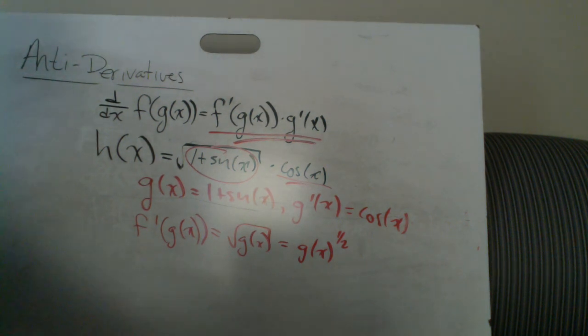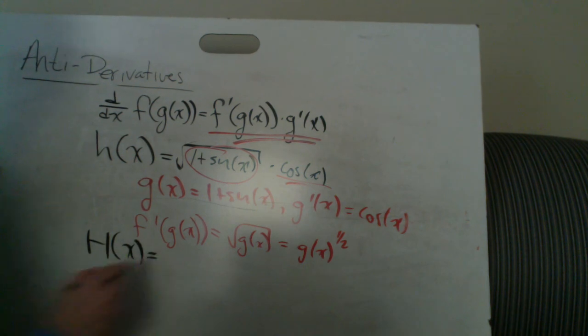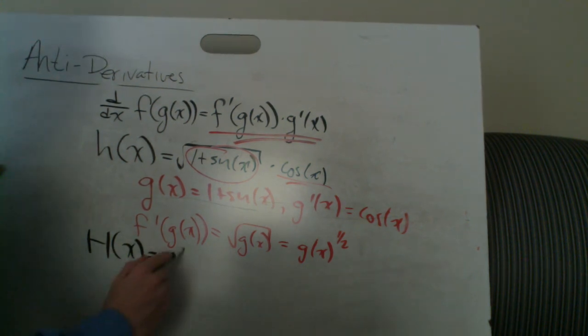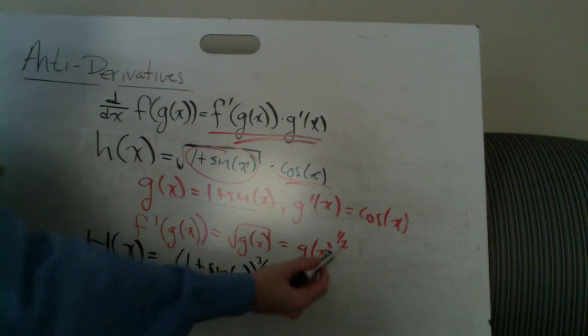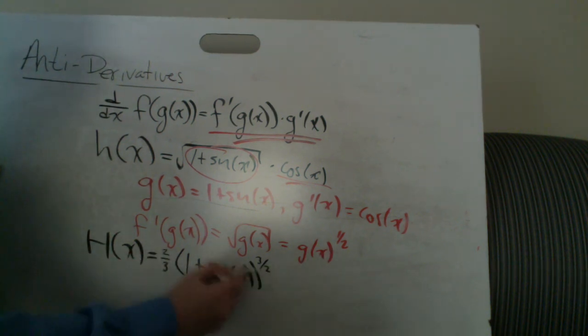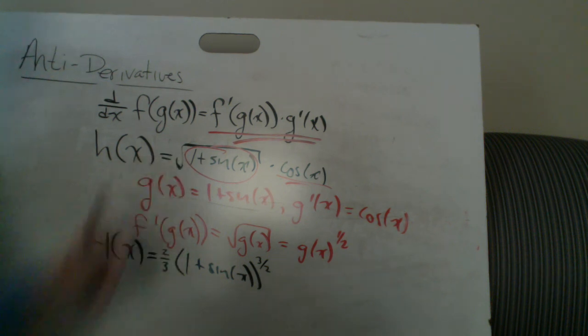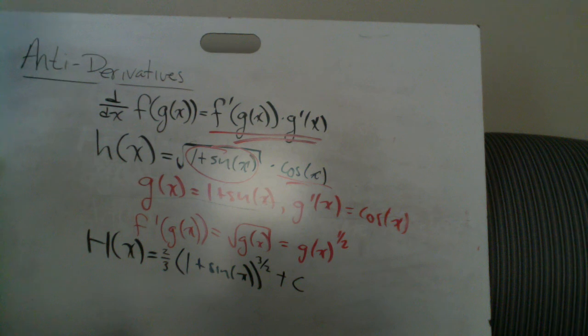So my antiderivative of h, which is capital H of x, should be g, which is 1 plus sine of x, to the power of 3/2, because I need to increase this power by 1, and then I need that 2/3 out in front, so that when I bring this power down it'll cancel, because originally there was nothing in there, and then a plus c.